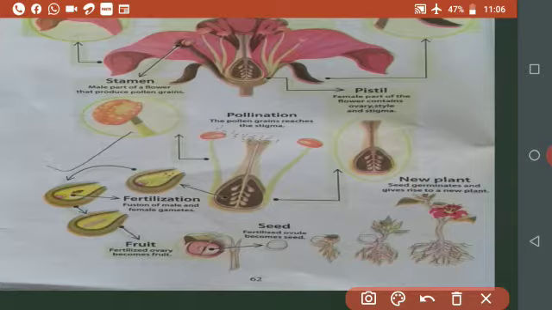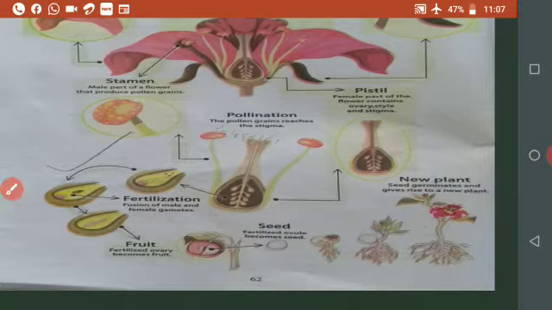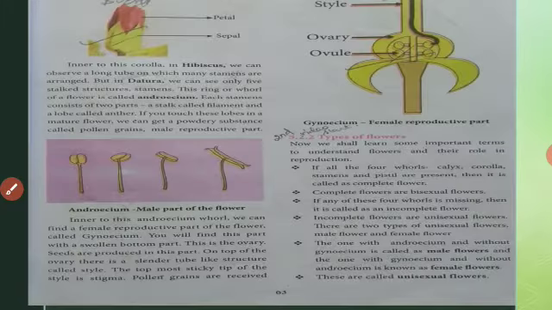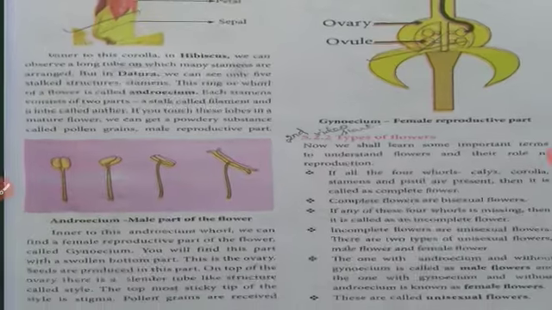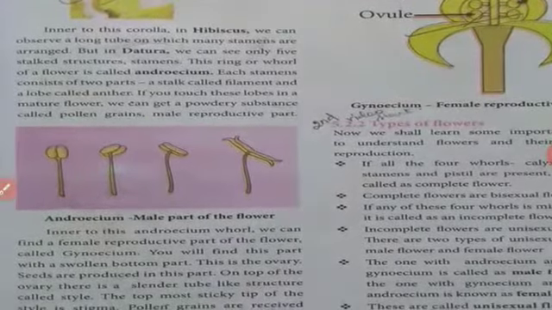Now we will see petals and sepals elaborately. Petals are the largest part of the flower. They are often attractive, brightly colored, sometimes sweet scented, and attract insects. This ring of petals together is called the corolla.